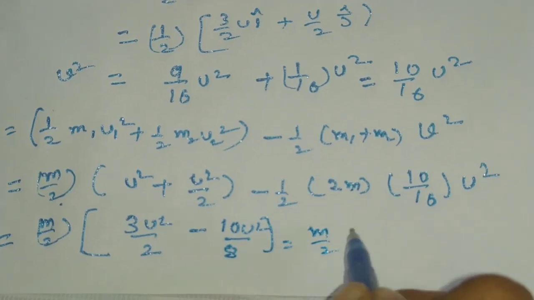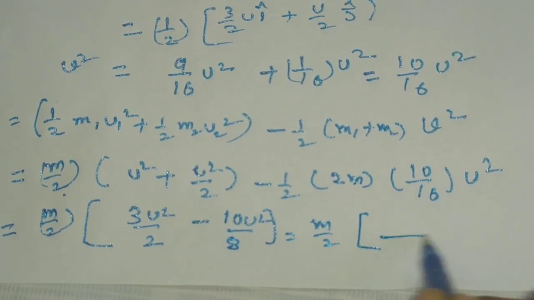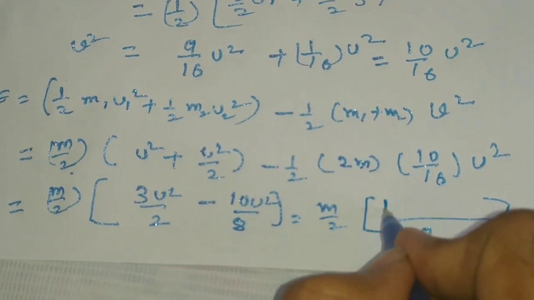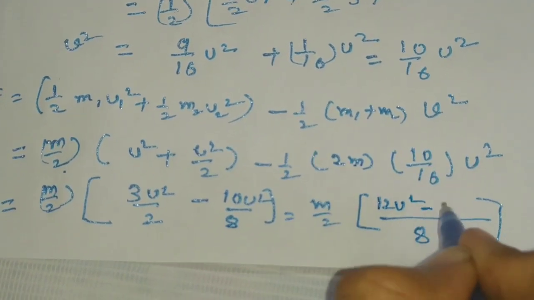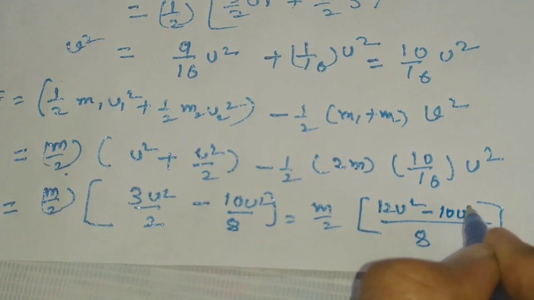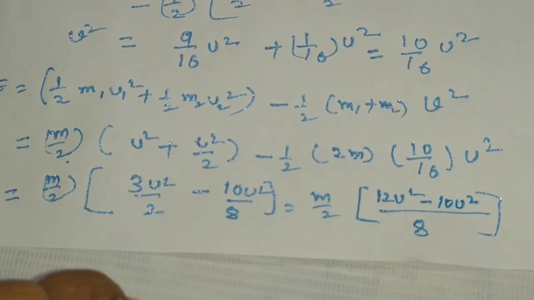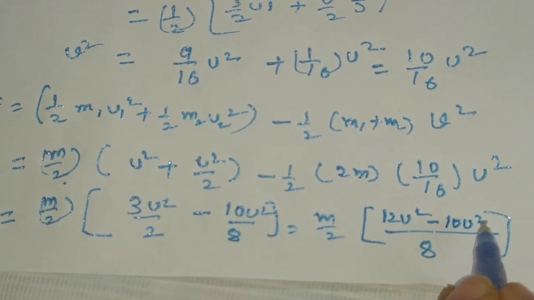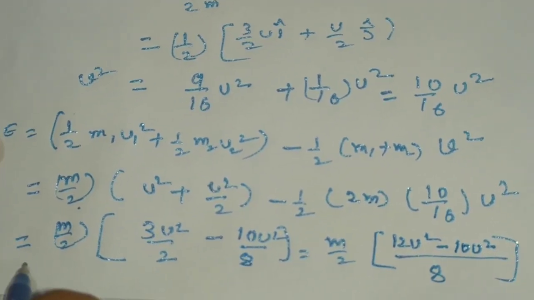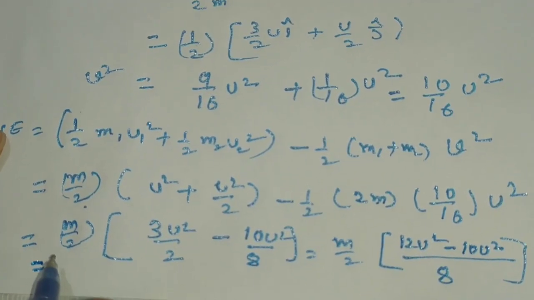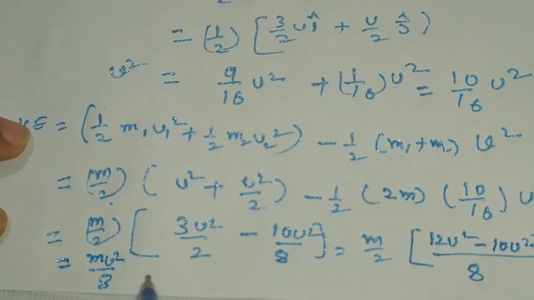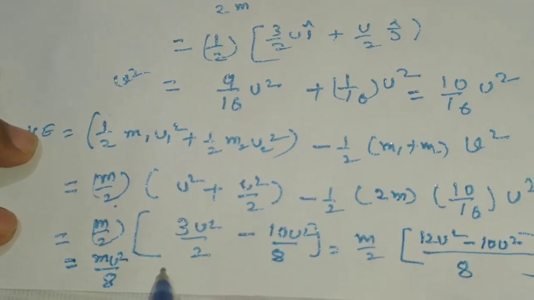So m by 2 into, with 8 as LCM, 12 u square minus 10 u square by 8. So 12 u square minus 10 u square means 2 u square by 8, the 2 gets cancelled. So it becomes m u square divided by 8. So the answer is D.